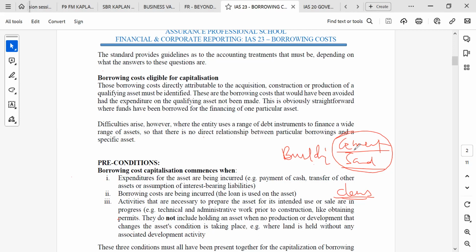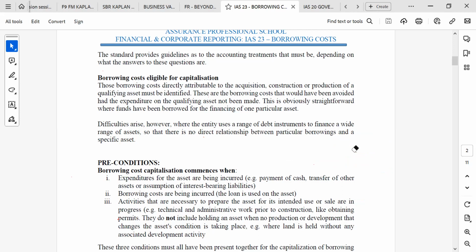All right. So these are the conditions. All these three conditions must be met before you start capitalizing borrowing costs. You can borrow to construct the asset, but the construction has not taken place. What figure are you going to add the borrowing cost to?